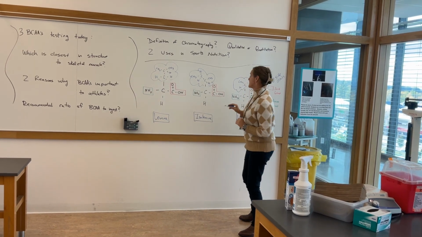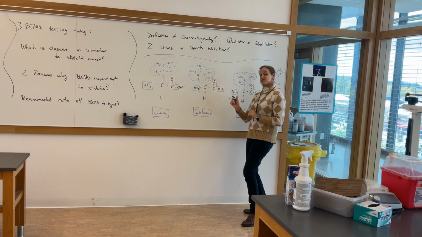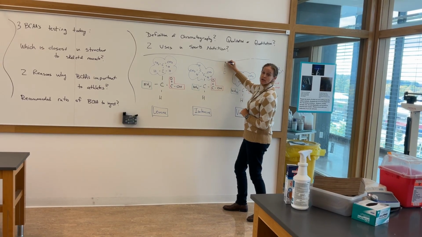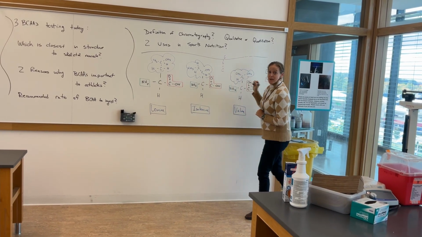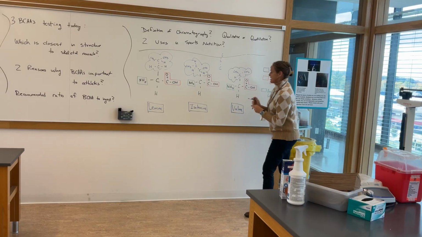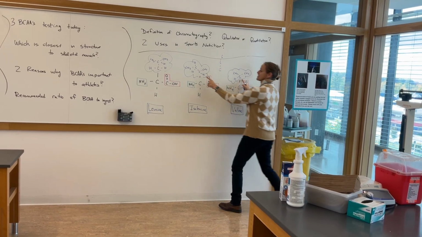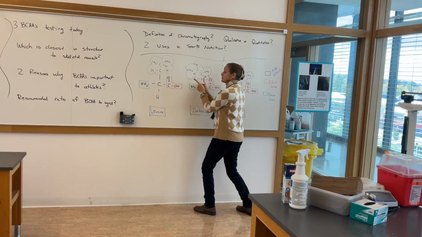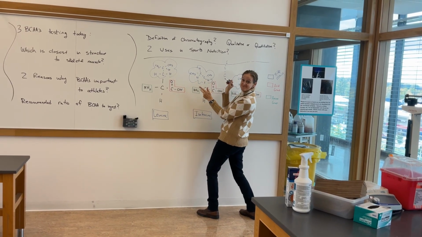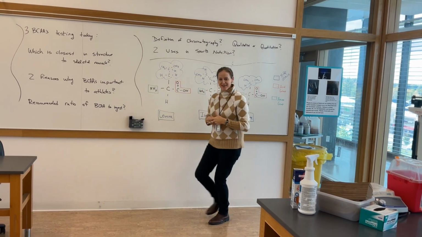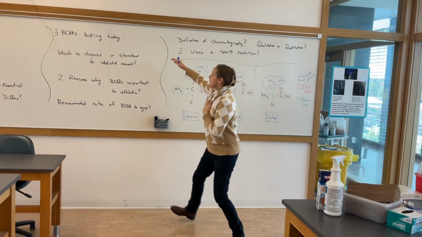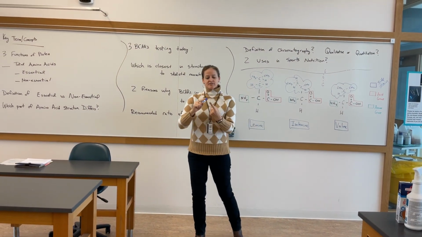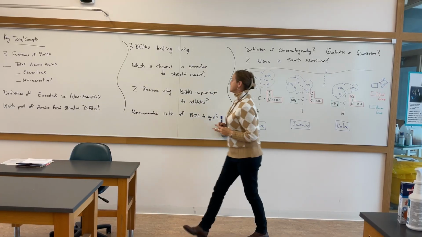Other amino acids that are not branched chain have a more linear side chain. But these are branched chains. So what do you notice about these side chains? They're not linear. They branch. That's it. All right. So today we're testing the three branched chain amino acids, leucine, isoleucine, and valine.